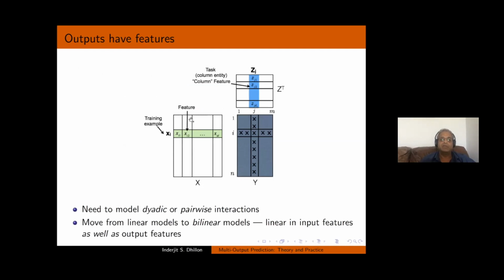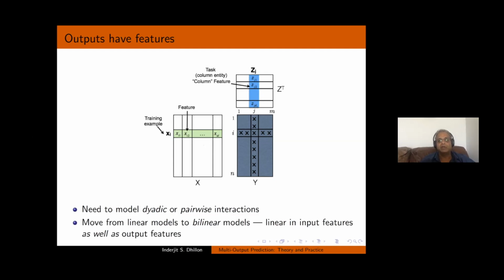And in this case, again, to repeat, not just the fact that the inputs have features, but each of these M outputs, in particular the jth output, has Zj as a feature. And sometimes they actually can be in the same dimensionality. Sometimes they may be in different dimensionalities.